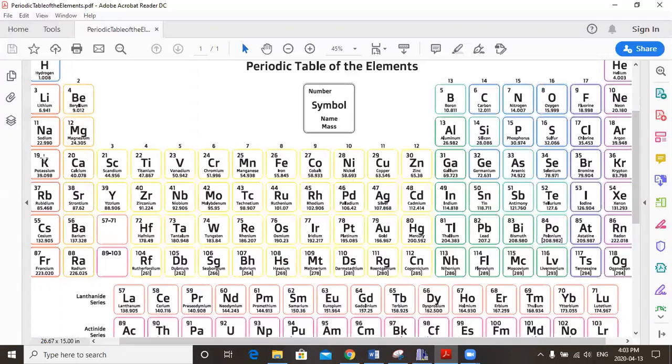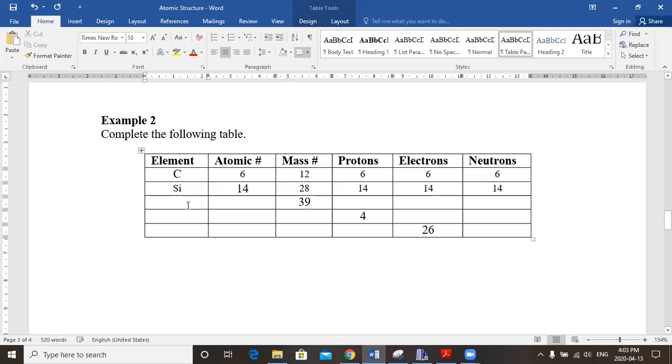So this is the element potassium, which is number 19. Its atomic number is 19. It has 19 protons, 19 electrons, and we would take 39, I'll show the work, 39 minus 19, which would equal 20 neutrons. I'll bold the answer. So 20 neutrons.